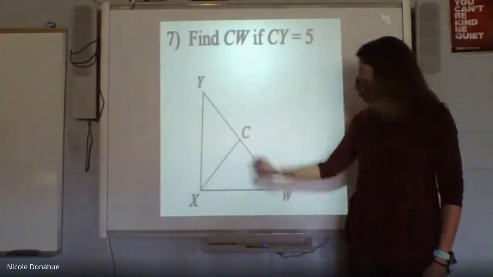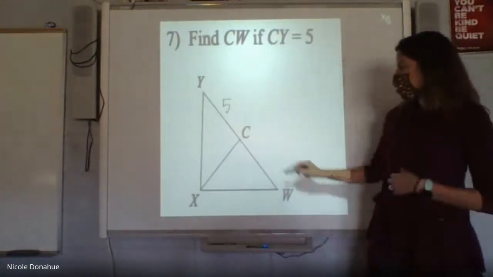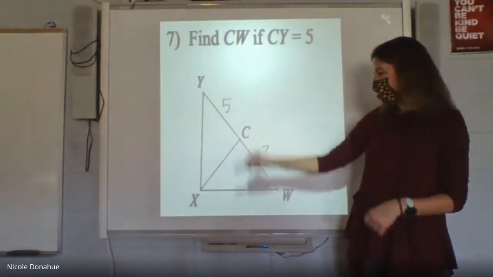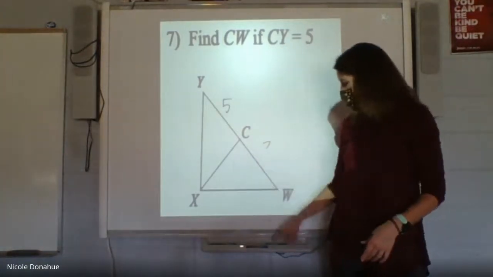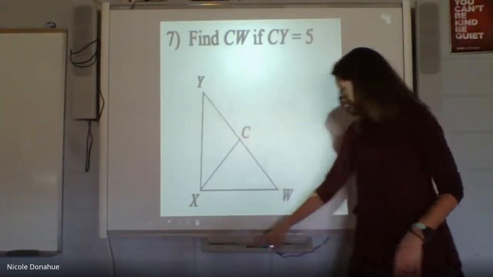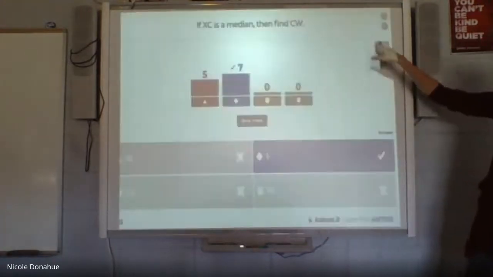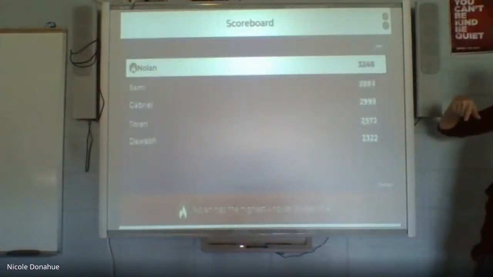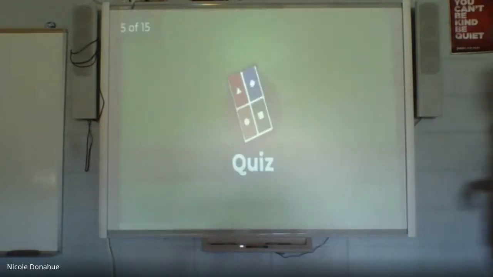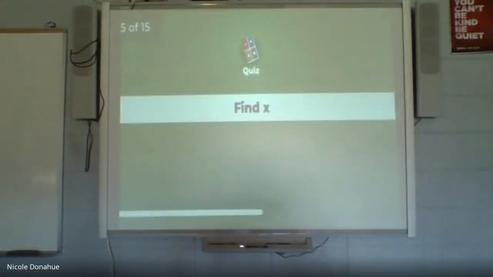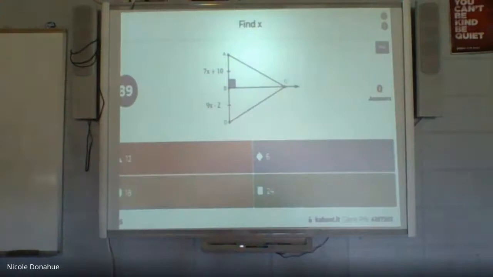So CY is 5. They want CW, which is this one. So again, it's a median. I know you try to answer fast, but make sure you're trying to be accurate as well. This one gives you a minute and a half, so hopefully I have enough time.